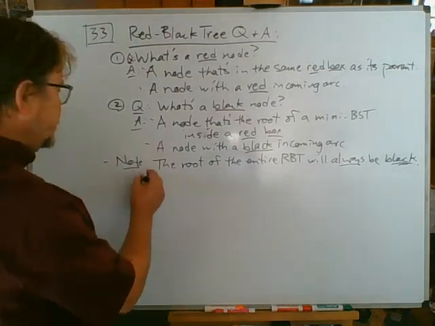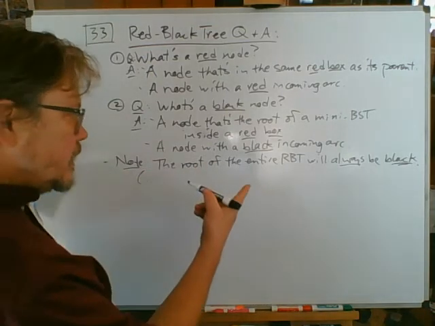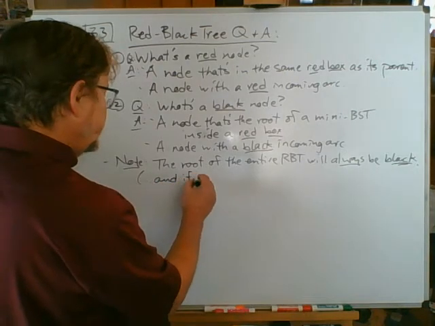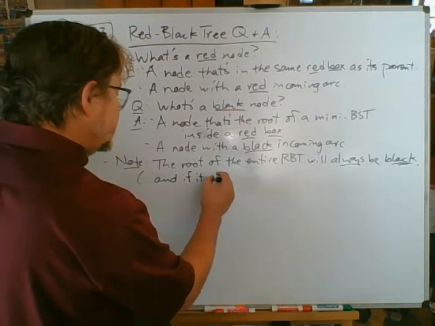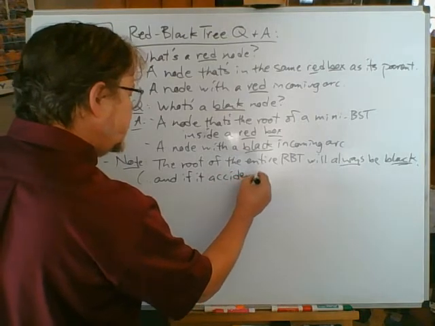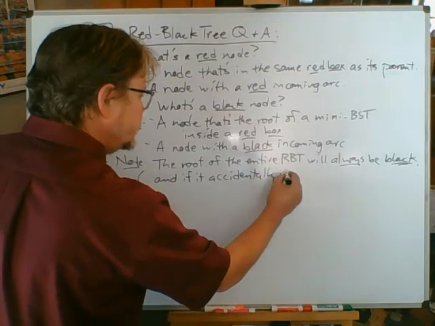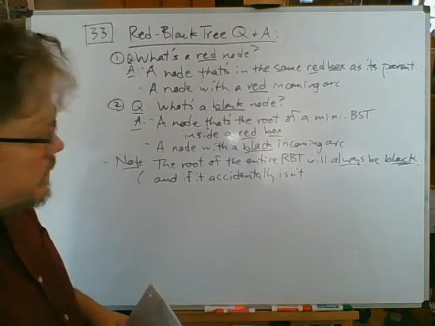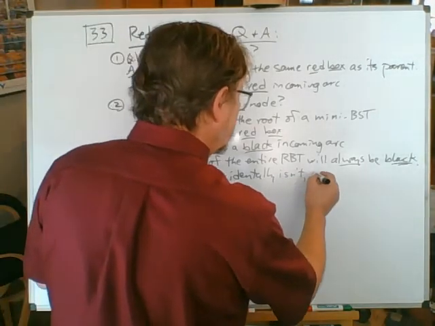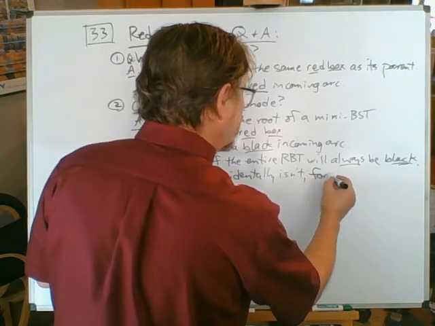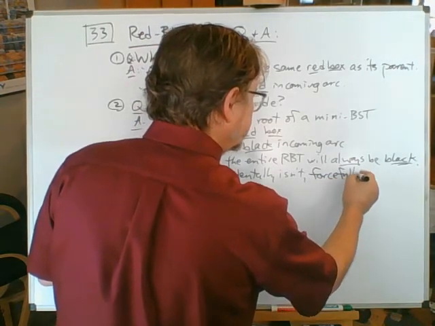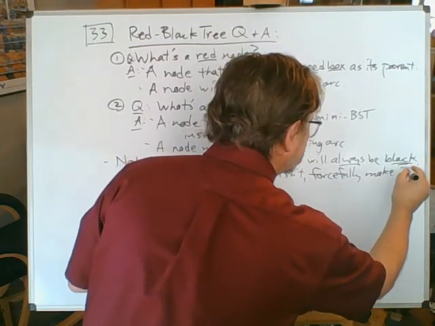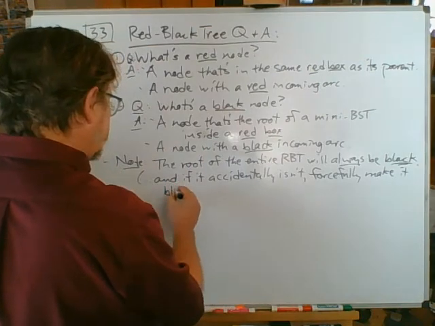So I'm going to put parenthetically here, the root of the entire red-black tree will always be black, and if it accidentally isn't, because of the way you've implemented your algorithms to do the split of the red box at the top of the tree, forcefully make it black. Paint it black.